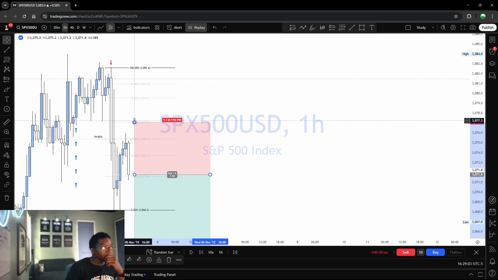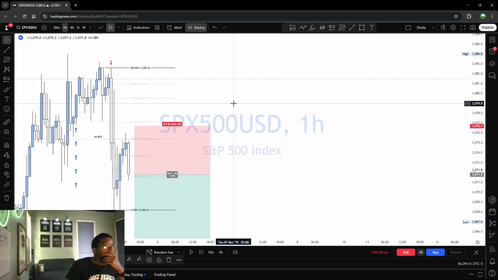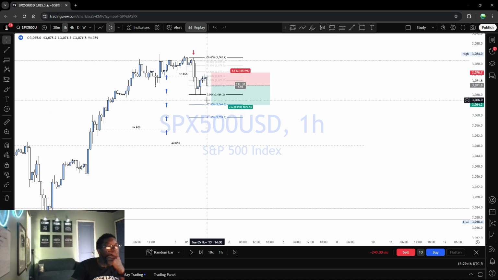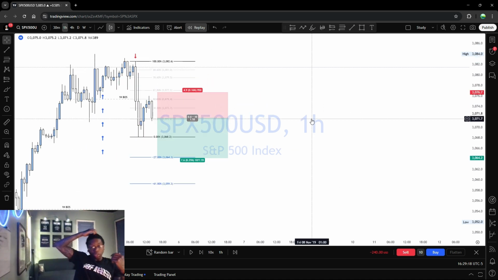Really does seem like it has the potential to continue lower. And like I said, I'm really open to taking those like the 1.5s and just knowing that we can eventually grow into a larger risk reward.